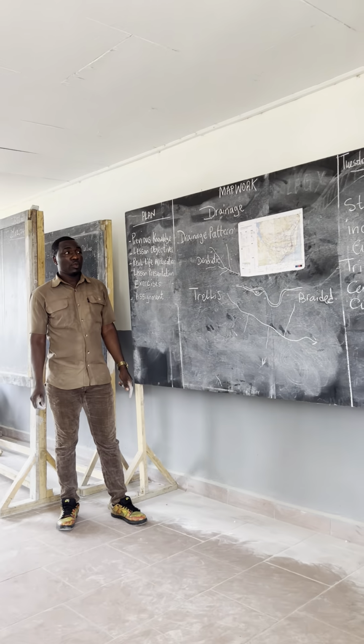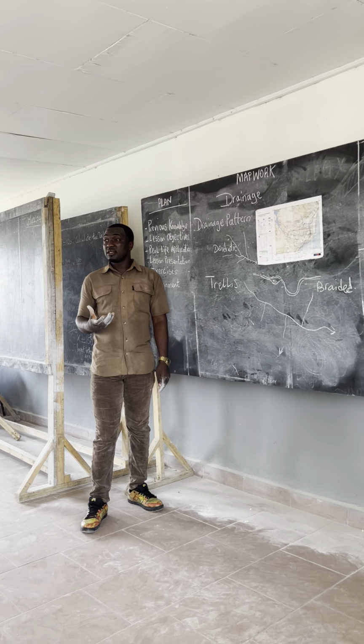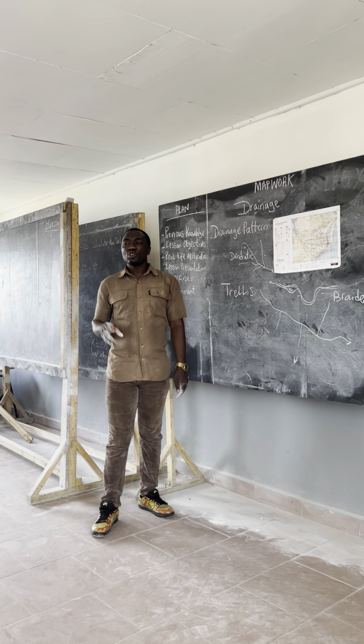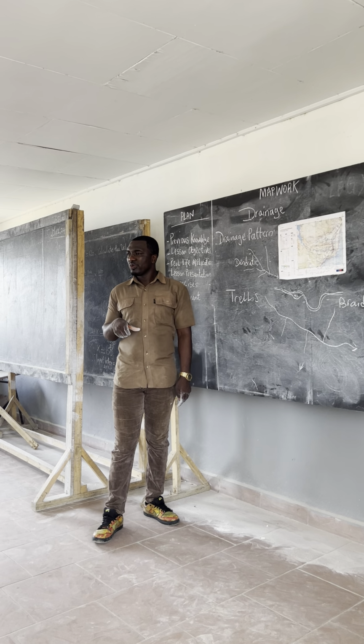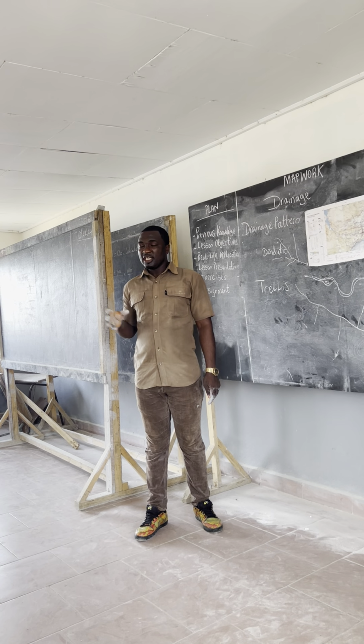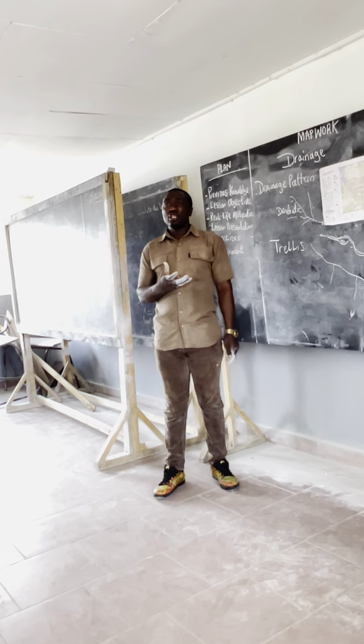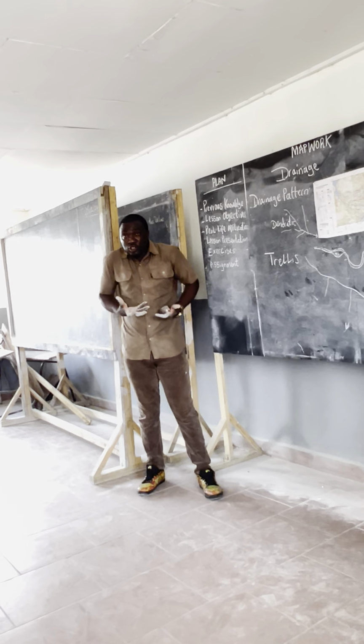So, when you are asked to comment on the drainage pattern of a particular map, you simply need to identify, locate the different drainage patterns, and comment on the shape, the morphometry of this drainage pattern.